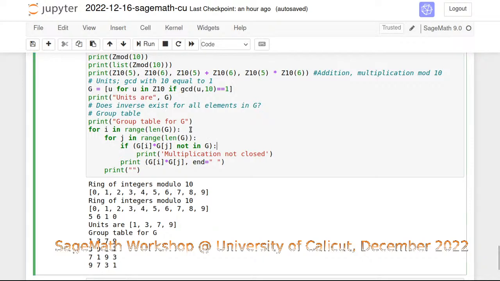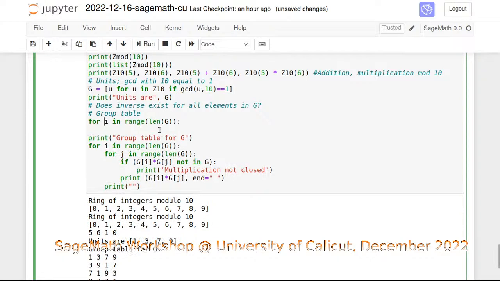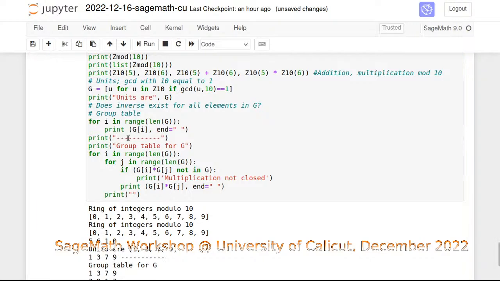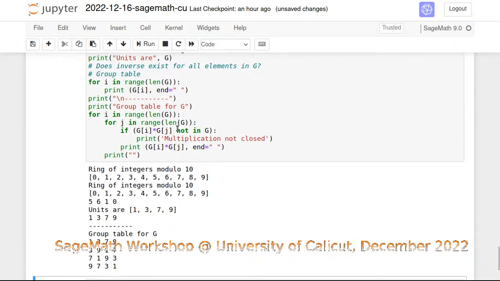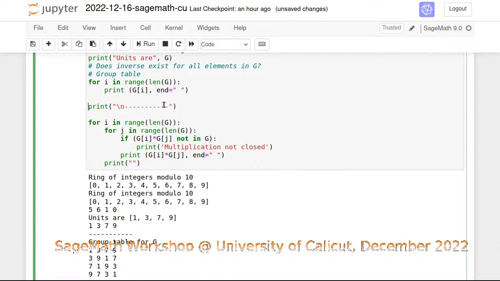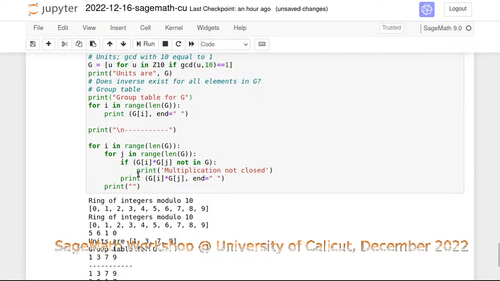So maybe we can simply print G of i, and for a new line, 1379, maybe here we can give.